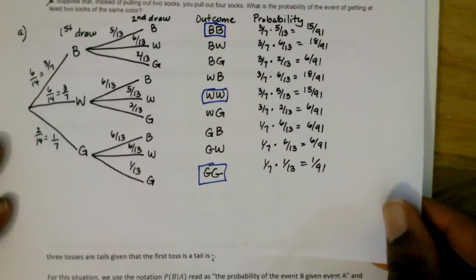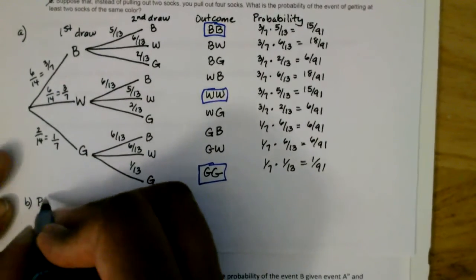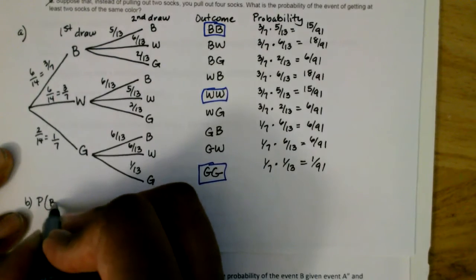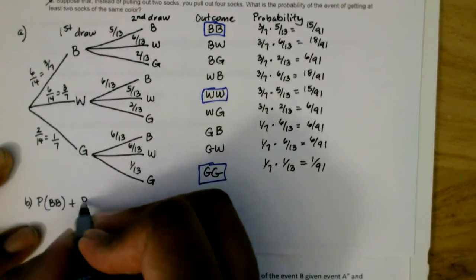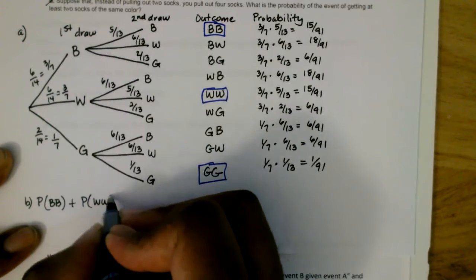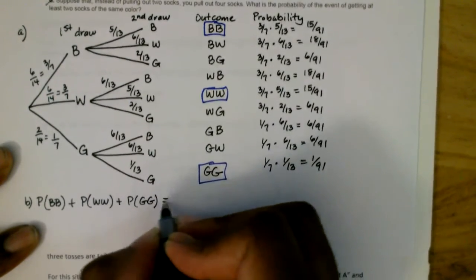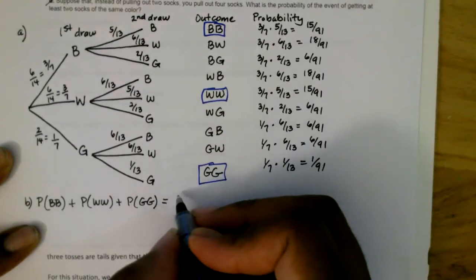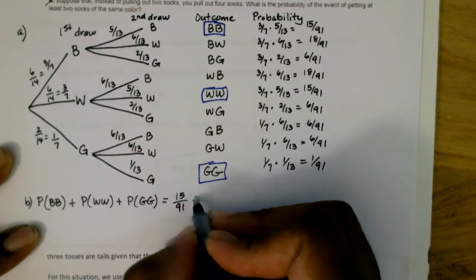All right, so let me pull this down. The probability of a blue and a blue plus the probability of a white and a white plus the probability of a gray and a gray. So we just add those individual probabilities here. For a blue and a blue, that probability was 15 over 91.